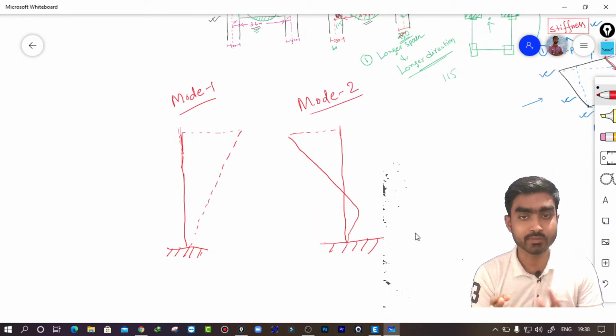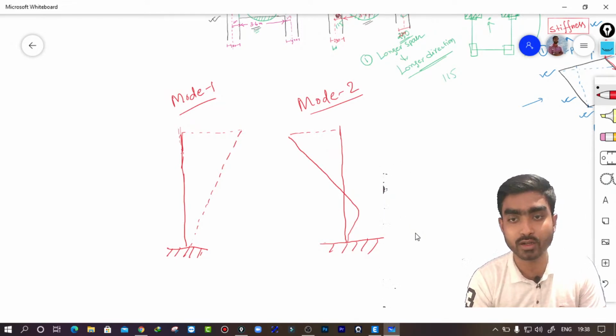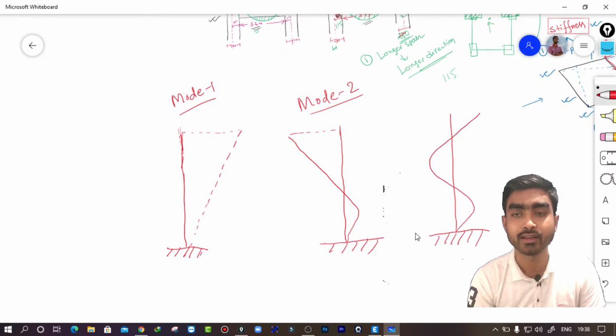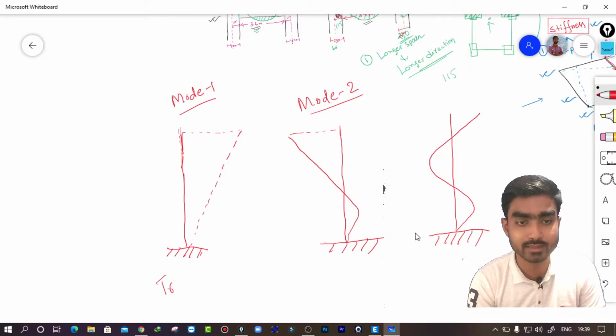What the code says, I'm just drawing the code recommendation. And the third mode should be, see, it goes like this, then it goes like this, and it is coming again. That means here we are getting some rotation. So this is translation.